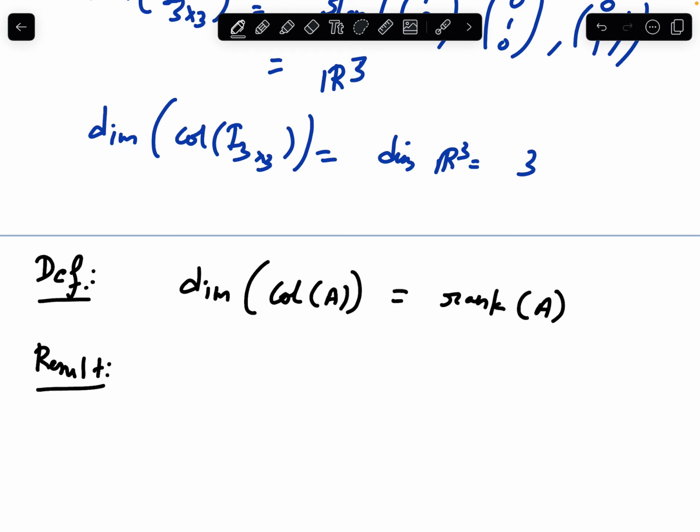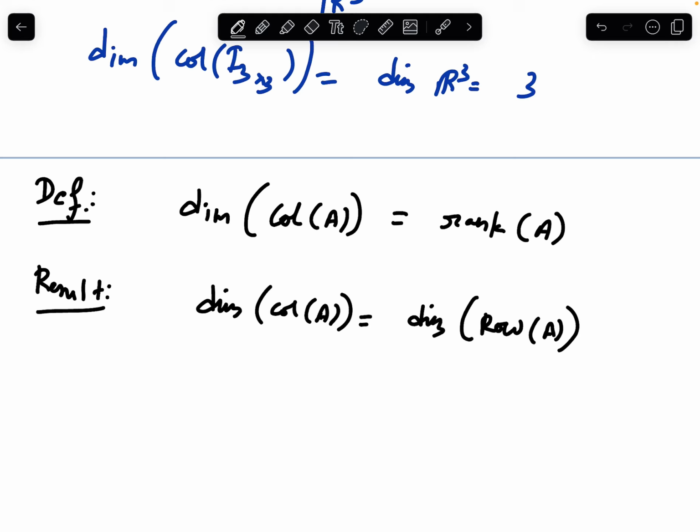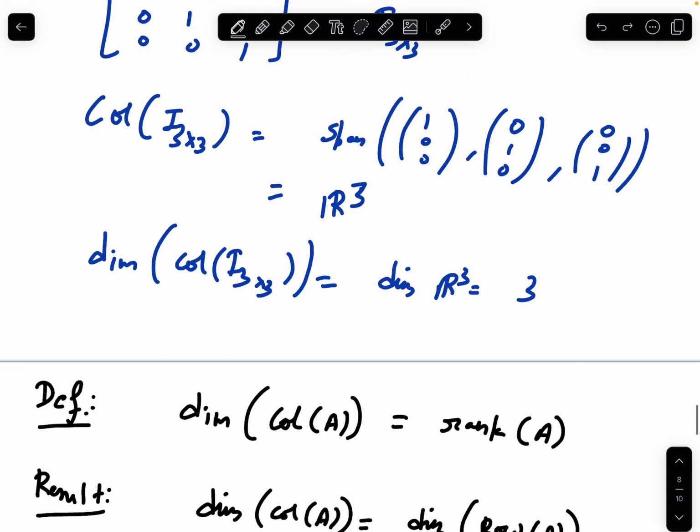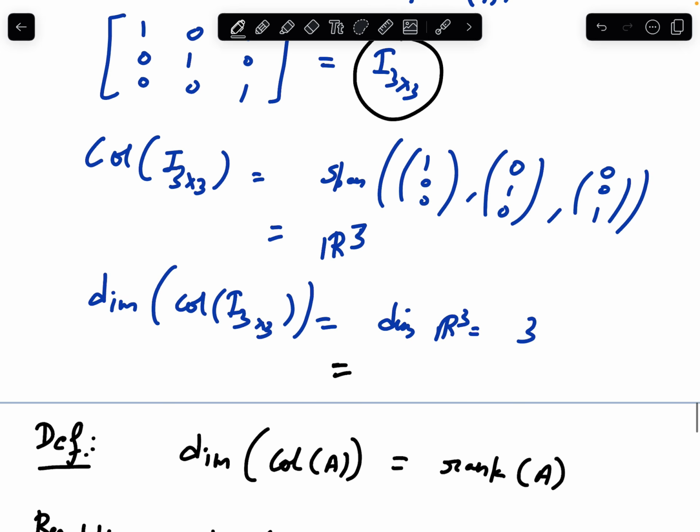It says that dimension of column space of A is same as dimension of row space of A. Okay, this is the result. Dimension of row space is same as dimension of column space. So what is rank of I33? Well, rank of I33, that is rank of identity, is nothing but 3.